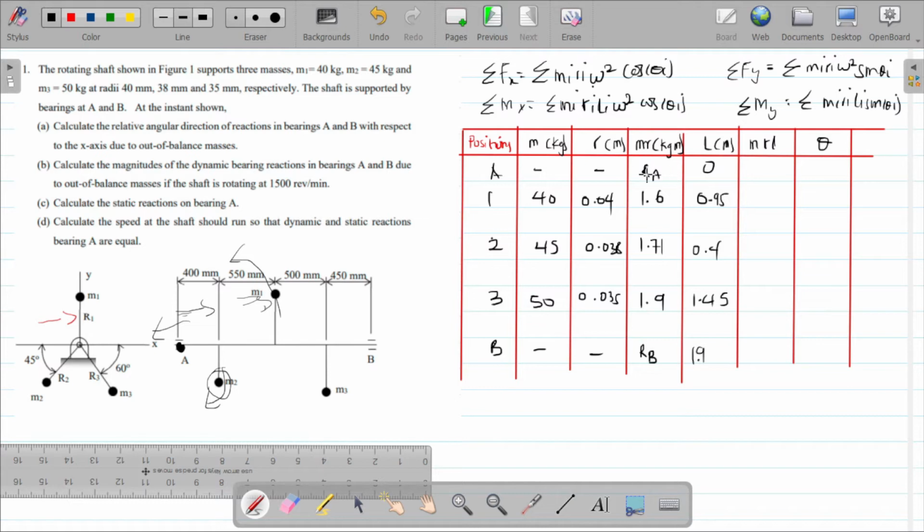So for mRL, this one will be 0. Okay, so I made a mistake earlier. This is supposed to be 1.75, that is 50 times 0.035.